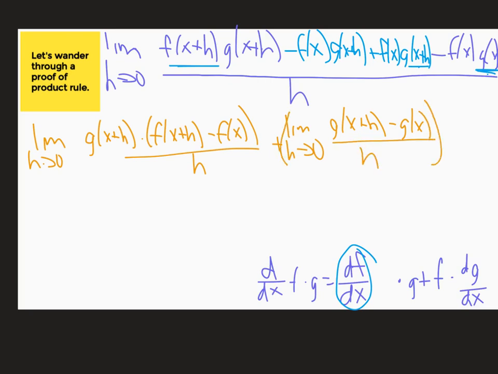And I can pull that f of x all the way outside of the limit. Stare at that for a minute, see if you can figure out the algebra and what is going on there, and then let's evaluate the limit.